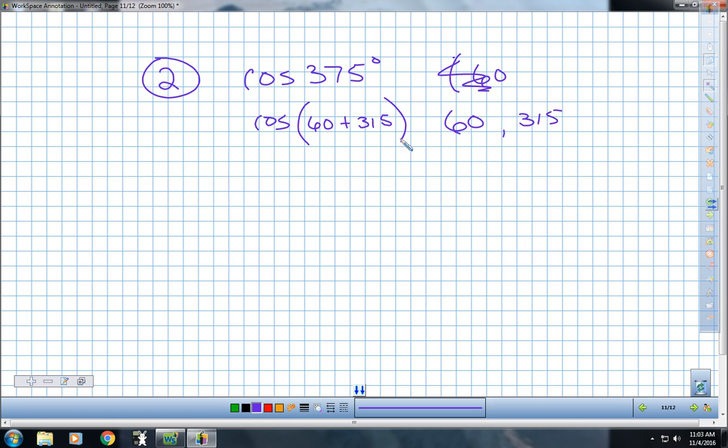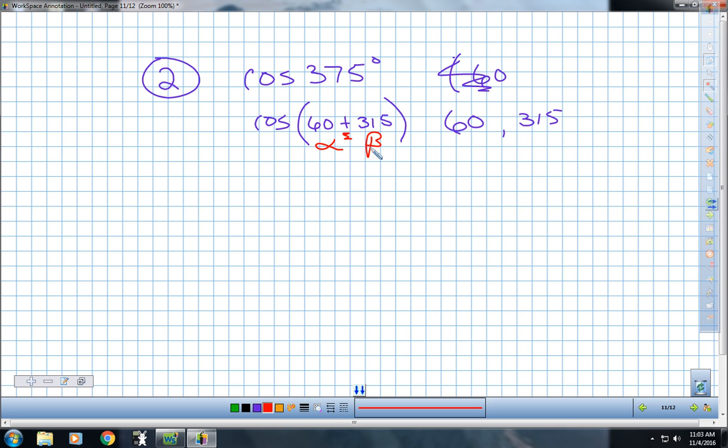I look for cosine sum, because that's what we're doing. And you'll notice on that formula sheet, I think it's the first one on there, and it says the cosine of alpha plus beta equals cosine alpha, cosine beta, minus sine alpha, sine beta. What is alpha? It's just whatever the first angle is. What is beta? It's just whatever the second angle is.